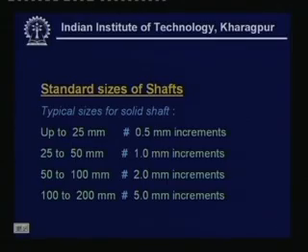Similarly, between 25 and 50 mm, normally we have a 1 mm increment of the size, and when you go around 50 to 100 mm, the increment step is 2 mm. In the case of 100 to 200 mm, it is 5 mm increments.